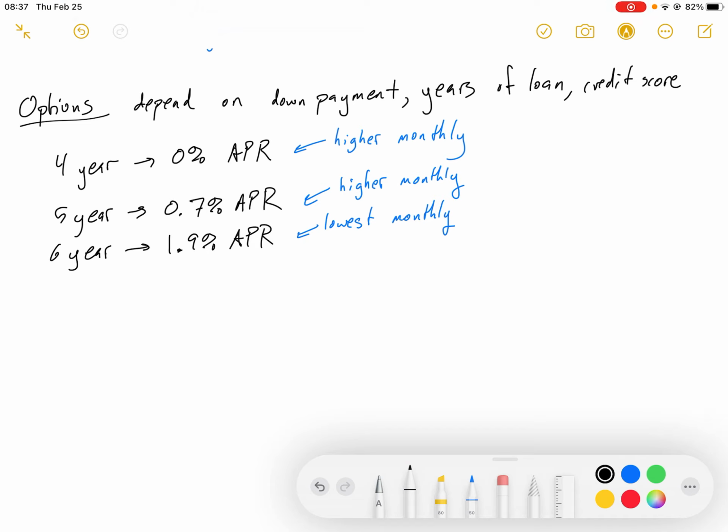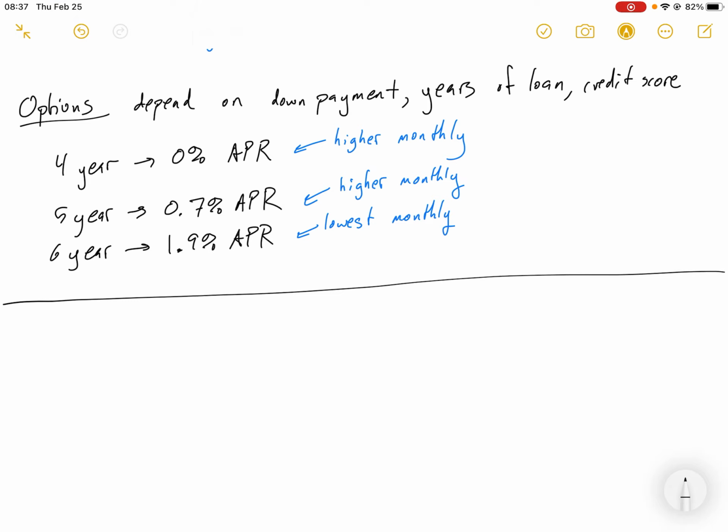So now that I've given you some insight into car loans, let's just talk about the loan and let's see how this works. Let's say you go through all this stuff and you purchase a new car that costs $23,452.